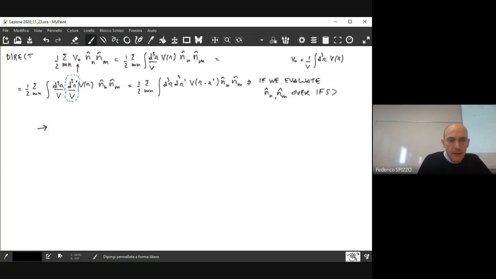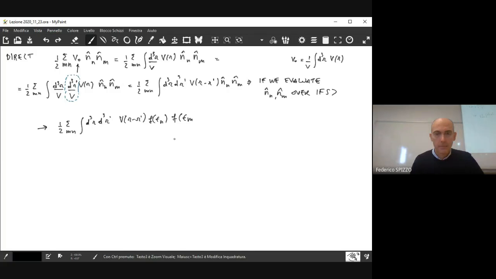what we have is 1/2 summation over m, and then d3r prime V of r minus r prime, and then we have the Fermi-Dirac distribution value corresponding to energy n, and the Fermi-Dirac distribution value corresponding to energy m.